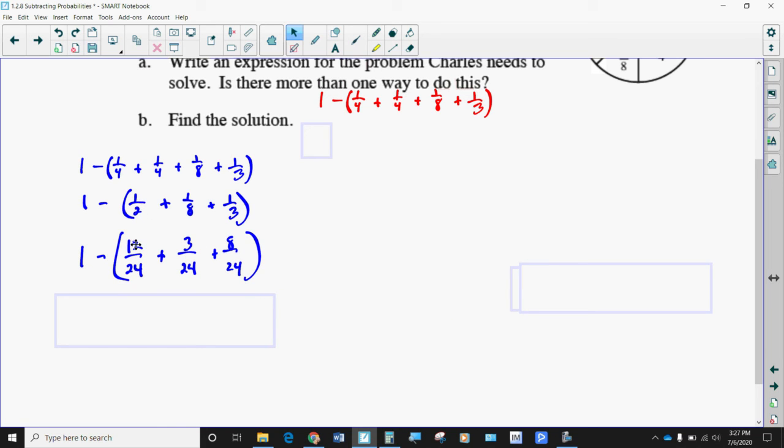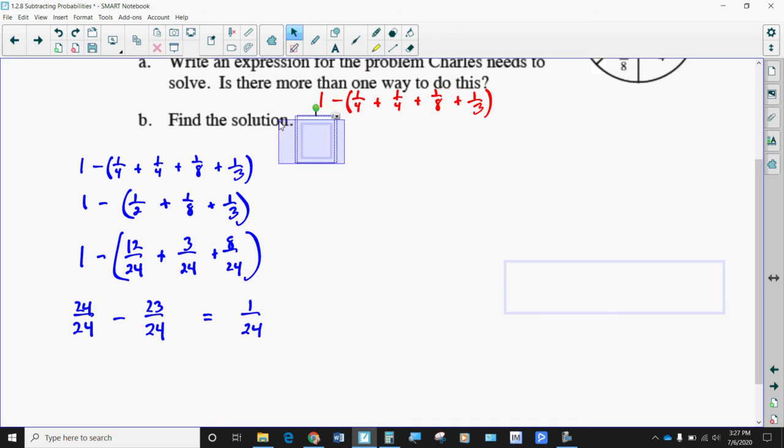So 1/2 is 12 over 24. 1/8, since you multiply 8 times 3, you have to multiply 1 times 3, so it's 3/24. And the same thing here, 3 times 8 and 1 times 8 gives you 8 over 24. So 12 and 8 makes 20, plus 3 makes 23. So what is 24 over 24 minus 23 over 24? It's 1 over 24.